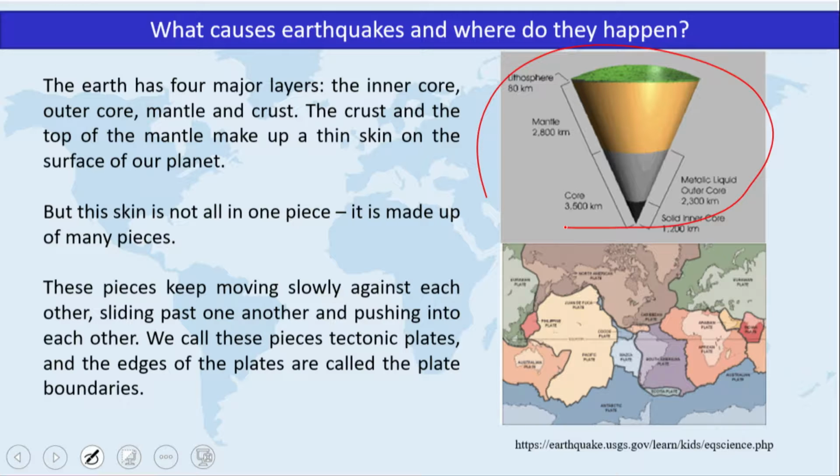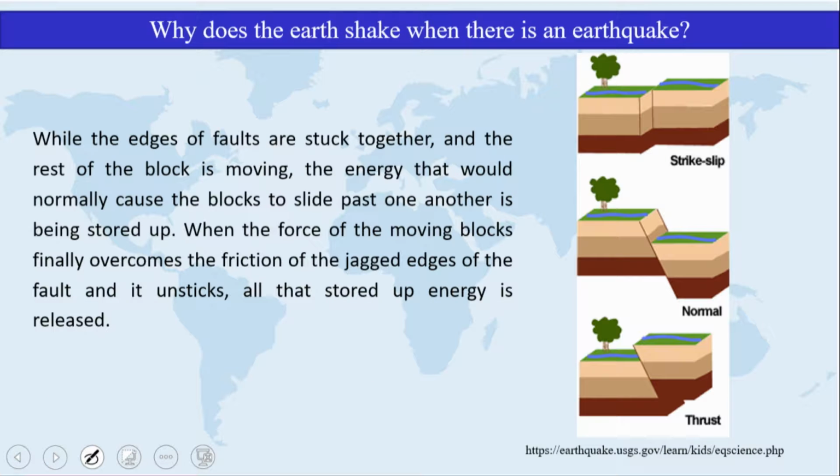It is broken into pieces, as shown in this picture, in different plates. These pieces keep moving slowly against each other, sliding past one another and pushing into each other. We call these pieces tectonic plates, and the edges of the plates are called the plate boundaries.